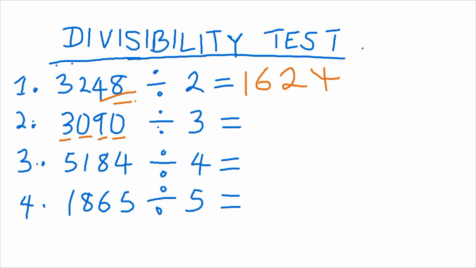So when you add all the digits of a particular number and that value obtained is divisible by 3 without any remainder, then you know that the number is divisible by 3. So 3,090 divided by 3 will give you 1,030.